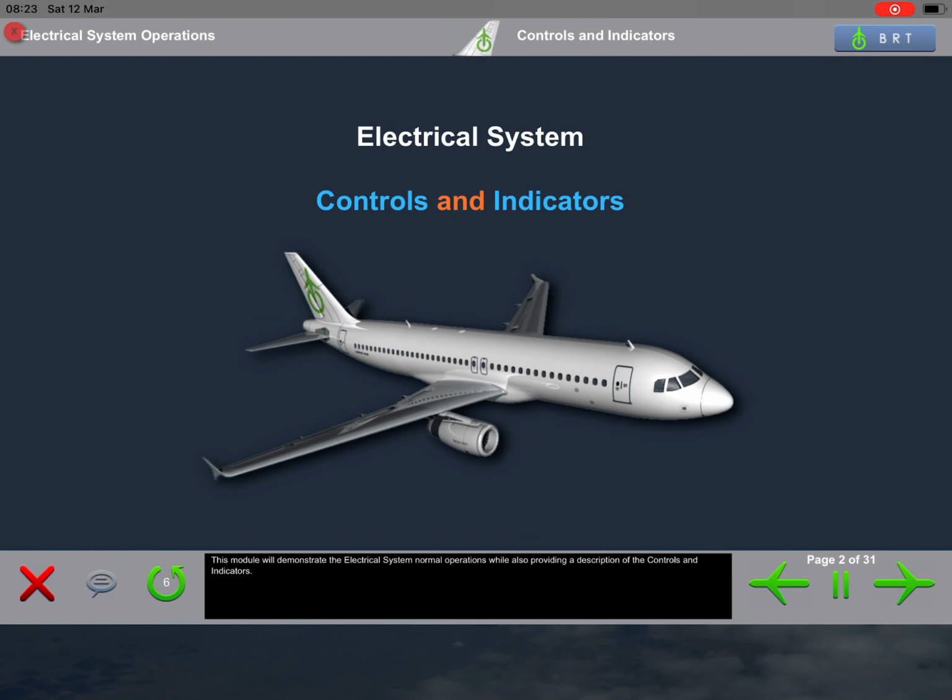This module will demonstrate the electrical system normal operations, while also providing a description of the controls and indicators.